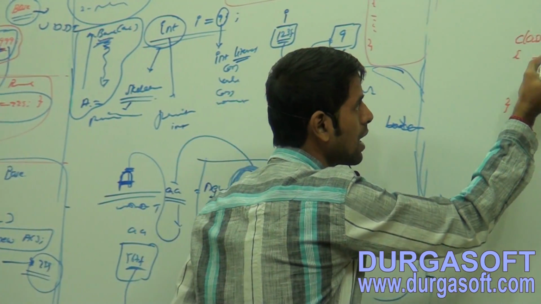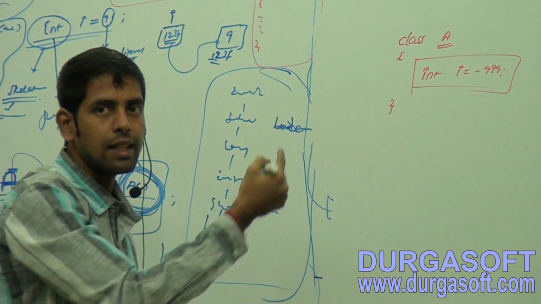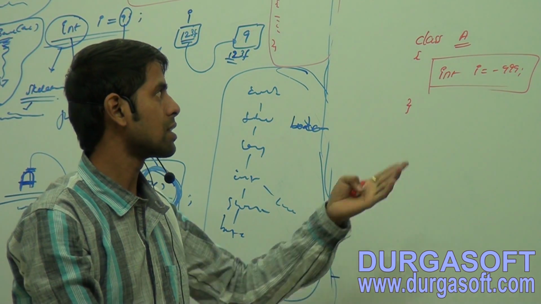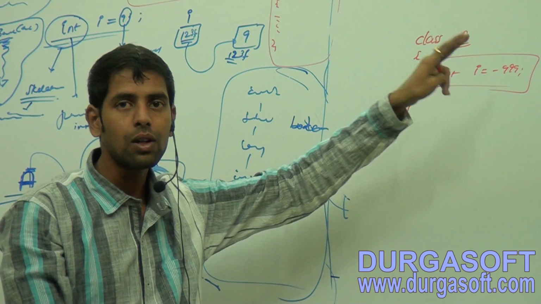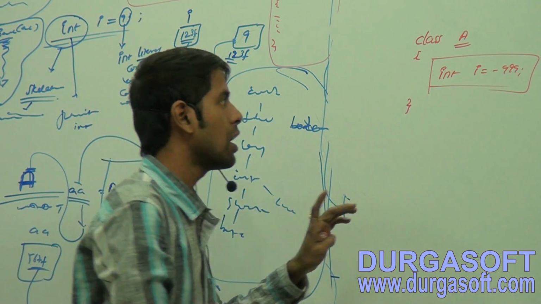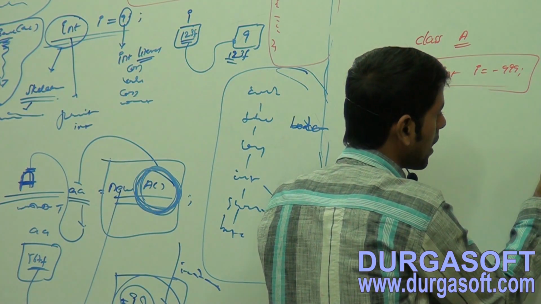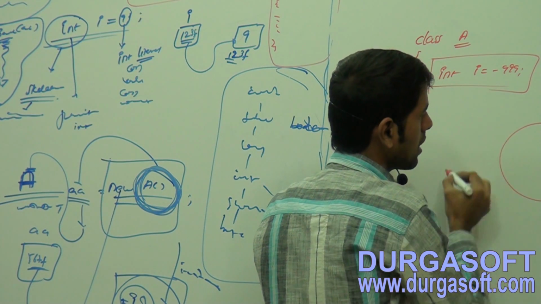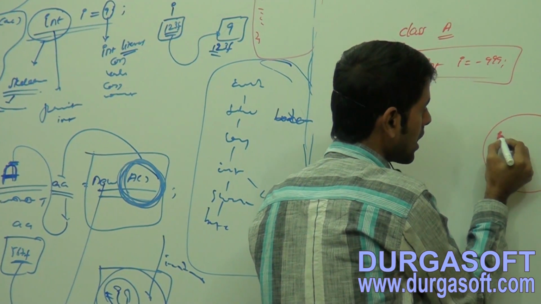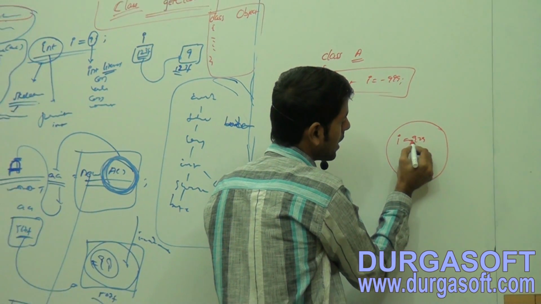Now what is this class? The skeleton, the principles, all of these things. That capital A is what? A user defined data type. A user defined data type literal or object will be in this way. Within this you are initializing, that is minus 999.